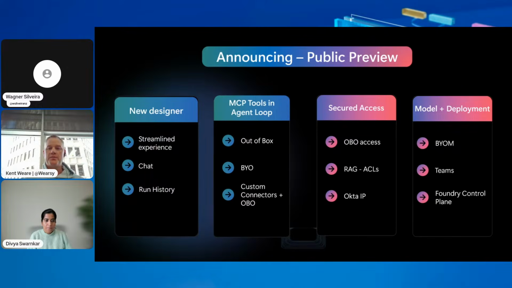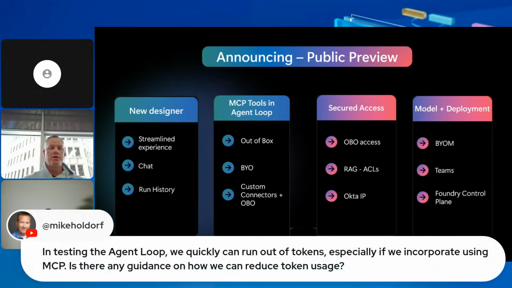Another question from Mike was just around how to manage our tokens efficiently, or what are some best practices to reduce excess token usage? Did you have any thoughts around that one, Divya? Yeah, I think one of the things with Logic Apps connectors is this advantage, right?